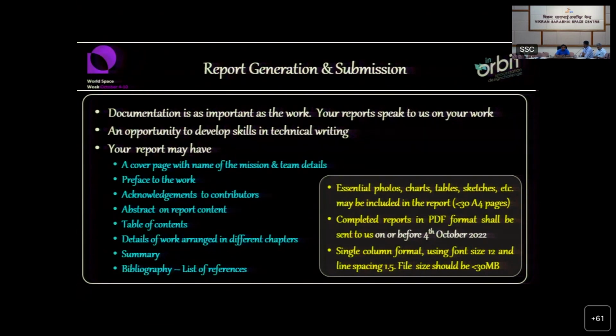The table of contents and the details of work arranged in different chapters, as we have told in the previous slides, what are the various points you can touch upon and what all things can be incorporated in the report. So you need to select what your objective is and what you want to elaborate more. You have to touch upon all the important points, but at the same time, you can select one objective which you want to define as the most important one and dwell more on that.